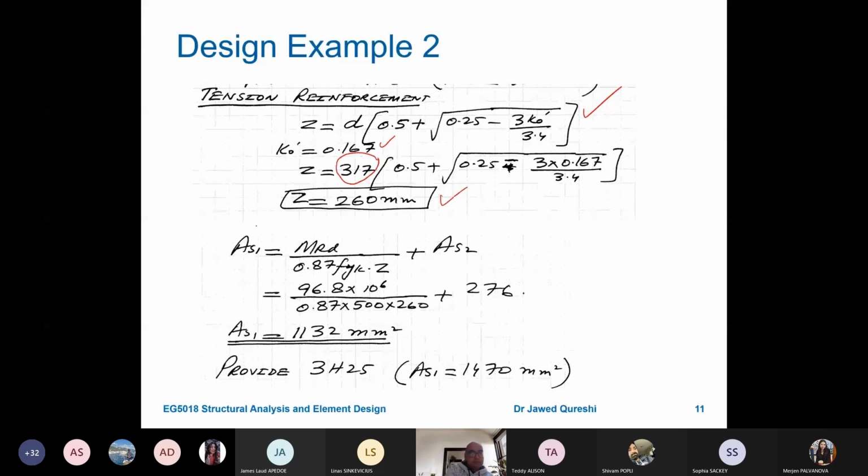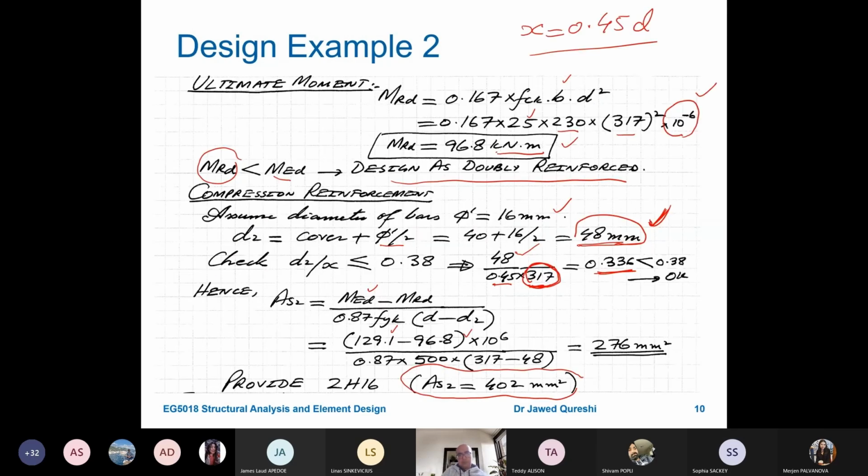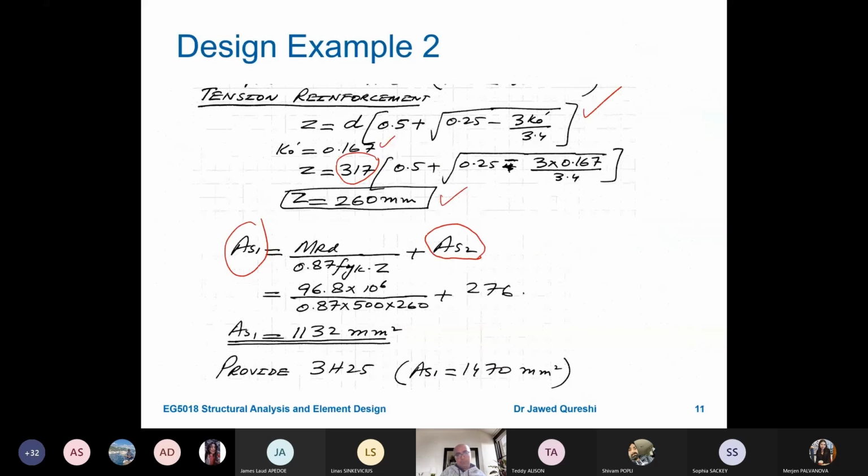Then I will use this formula for tension steel AS1, which is MRD over 0.87 FYK into Z, plus AS2. Make sure that the AS2 you are using here is the one which is required, not the one which you are providing. You're providing more than 276, but AS2 is the actual area, 276, which is what we need to put here.